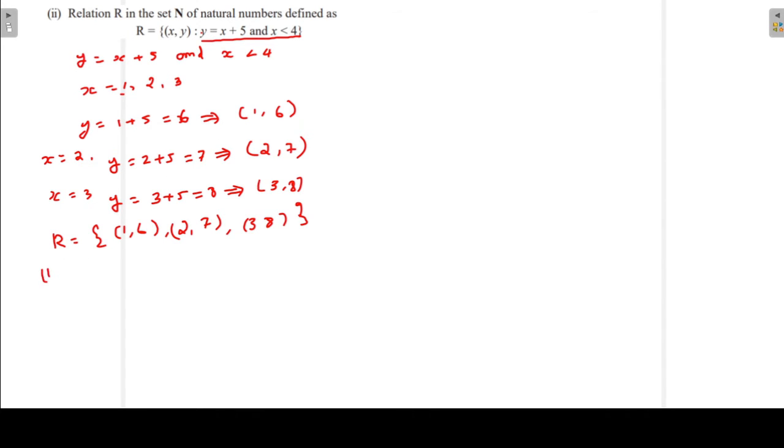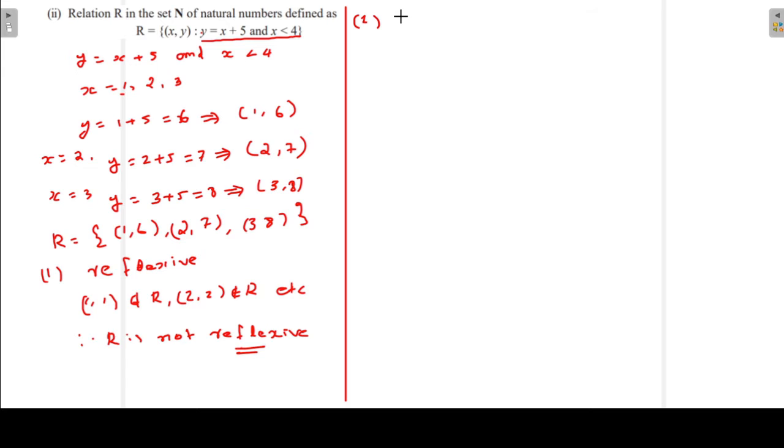First we take whether R is reflexive or not. Here we only have (1, 6), (2, 7), (3, 8). So here (1, 1) does not belong to R and (2, 2) does not belong to R, our relation. Therefore R is not reflexive.